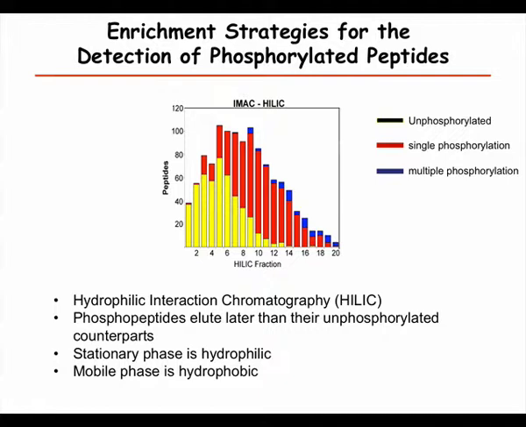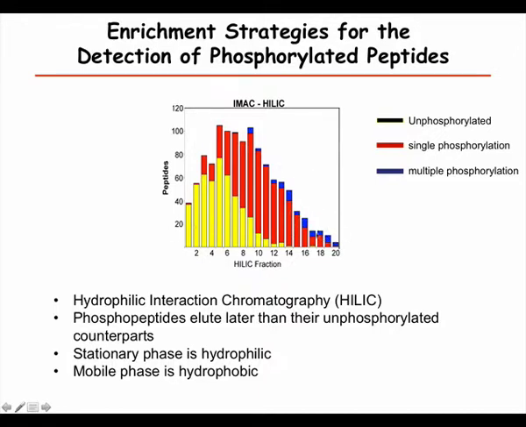Another thing one can do, which can also be combined with phosphopeptide enrichment, is separation. This technique called HILIC, hydrophilic interaction chromatography, works very well and separates the unphosphorylated and phosphorylated peptides. The color here is wrong: the yellow here is the unphosphorylated. As you see, the early fractions contain mainly unphosphorylated peptides, and the later ones have first the singly phosphorylated and then the multiply phosphorylated come even later.